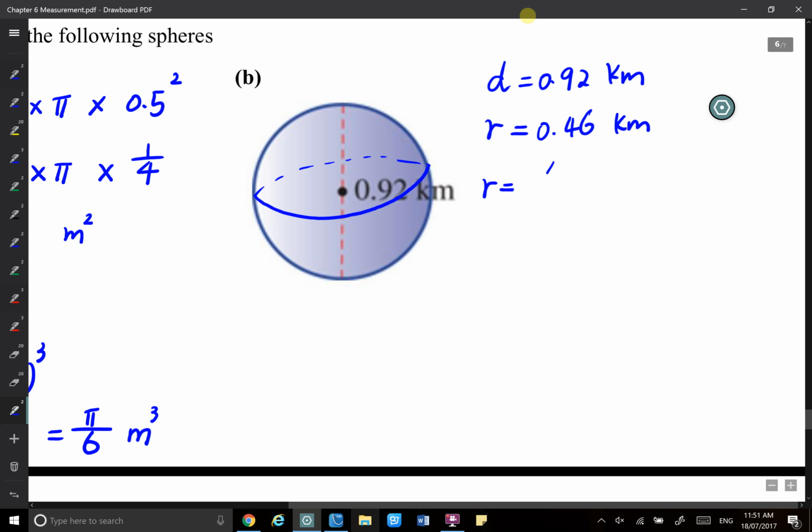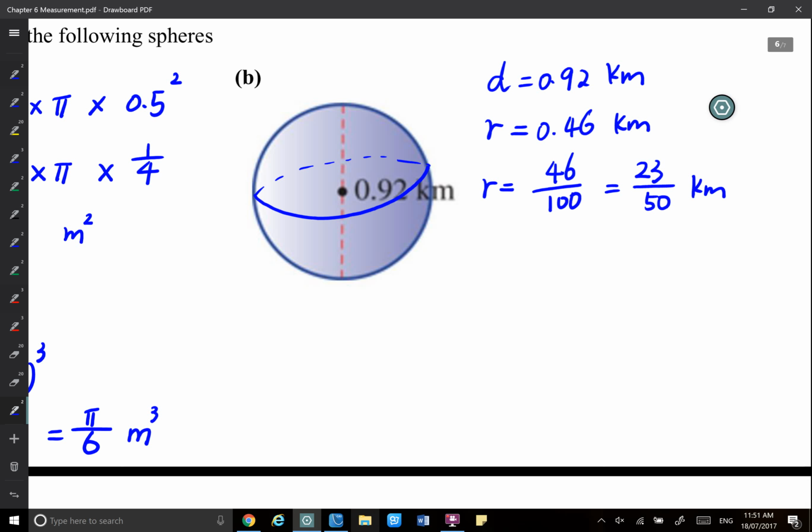That's 46 over 100, and I can divide by 2, that's 23 over 50 kilometers. I can put that in fraction form. It's still quite hard to calculate.